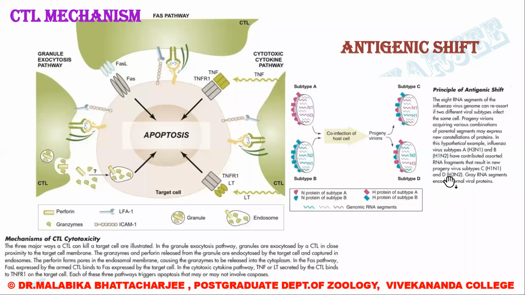Now, I'll be taking a particular point of antigenic shift, which has become very vital given the COVID scenario we are going through. This is a classical case of influenza. Now what happens?